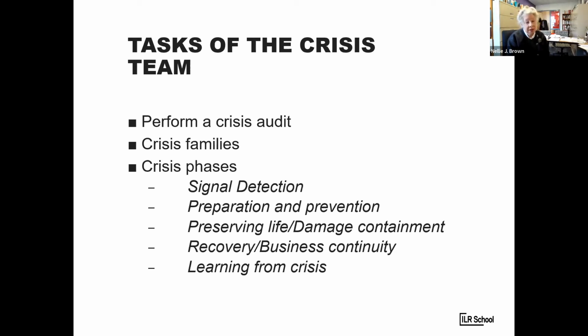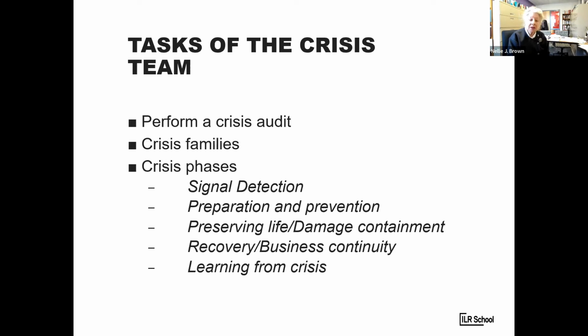Please keep in mind that preserving life and containing damage are almost impossible to do in the heat of a crisis. It's the pre-planning that we do that enables these things to actually be done. If you want to preserve life or contain damage, so much of this is really in our advanced planning processes.